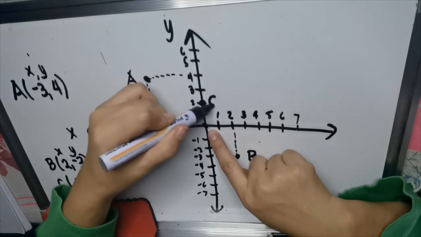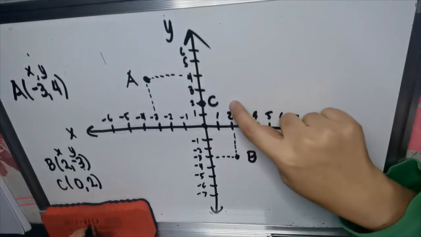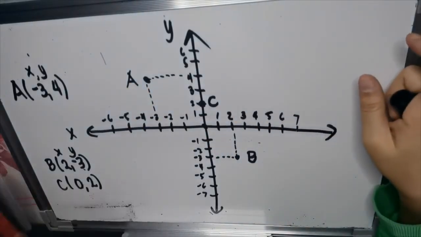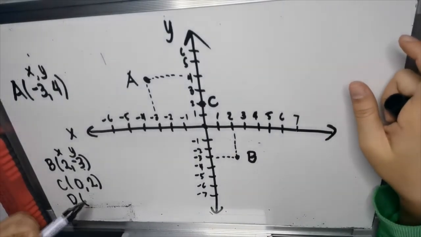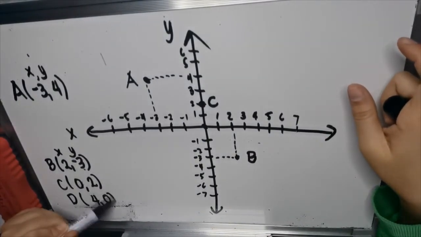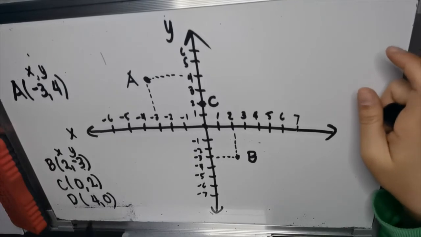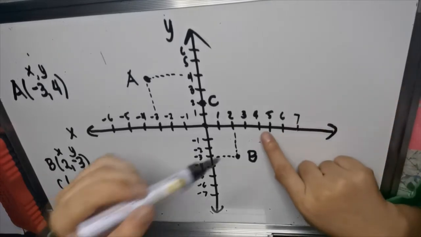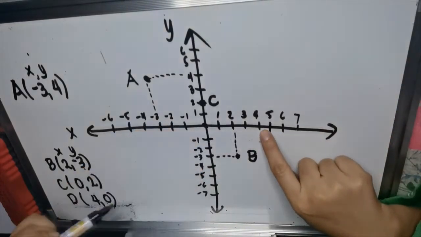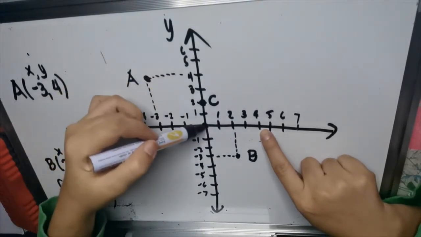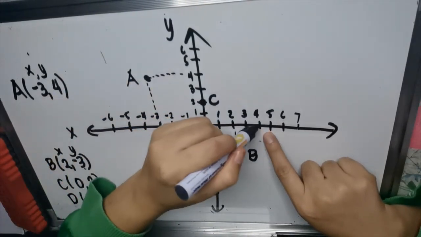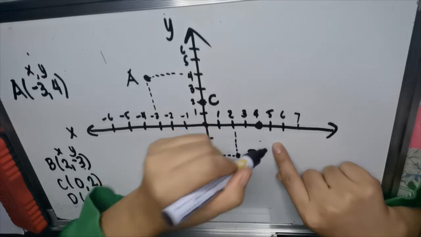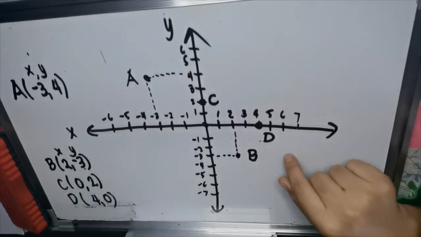So, nandito si point C. And then, point D, we have here 4, 0. Nasa x is 4 daw. So, nandito. And then, yung y natin is 0. So, nandito yung y natin na 0. So, dito natin makikita si point D.